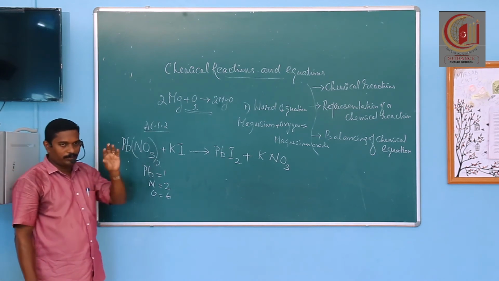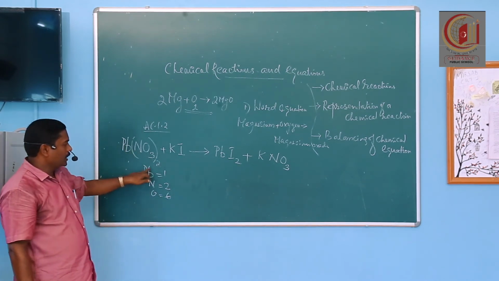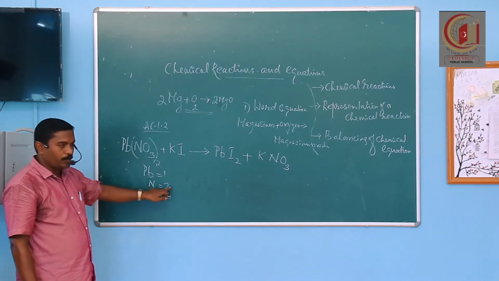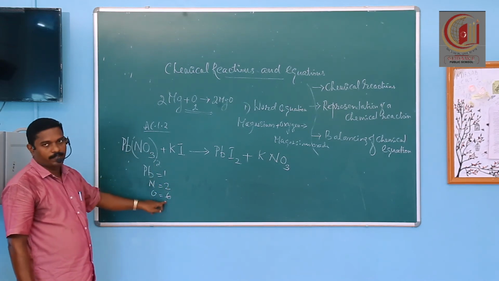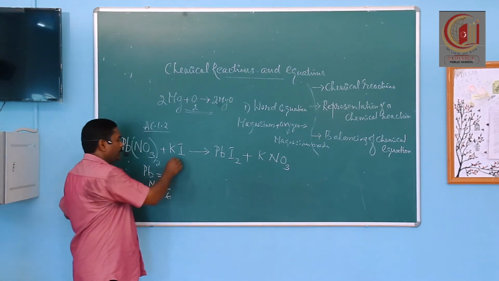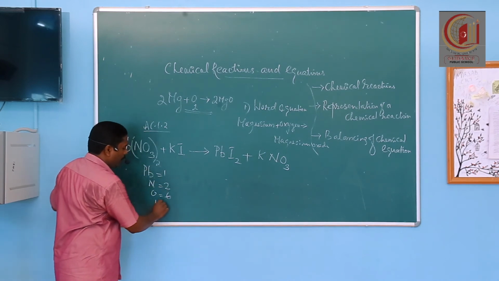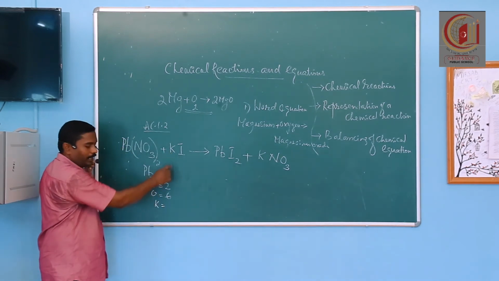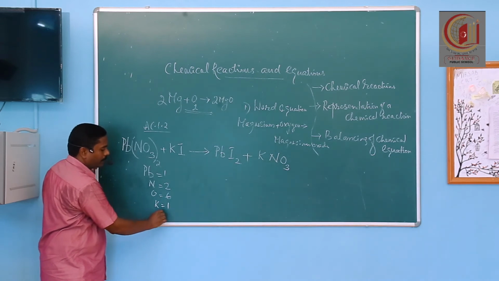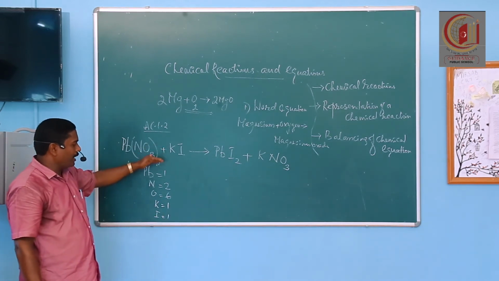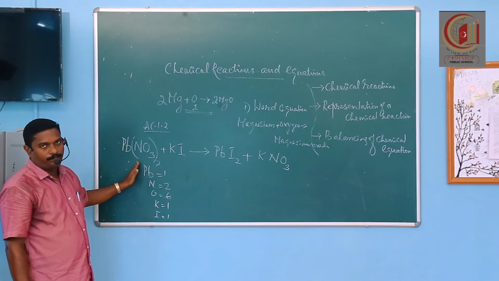Once again, let's count the atoms: Pb 1, nitrogen 2, oxygen 6. Then potassium, 1 atom, and iodine 1. These are the number of atoms on LHS.